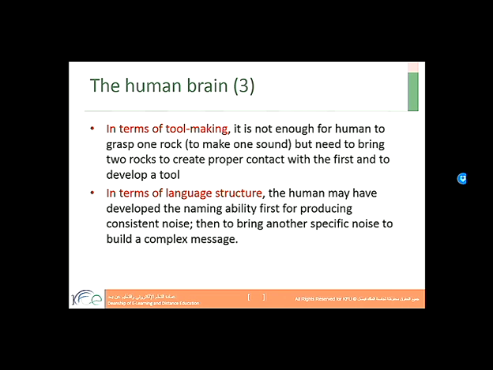Similarly, when it comes to language structure, the human may have developed the naming ability first for producing a consistent noise, then brought another specific noise to build a complex message. So, as we have just seen, in tool making we need to make something by attaching two objects together. And this would be applied to language structure, where we need more than one noise in order to build a complex message.